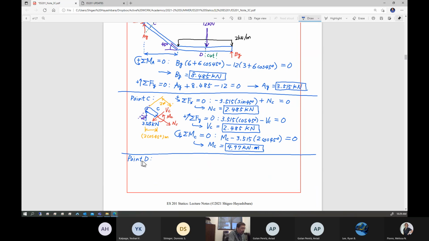So point D, if you draw a free body diagram, okay, so this is D. D is right here.